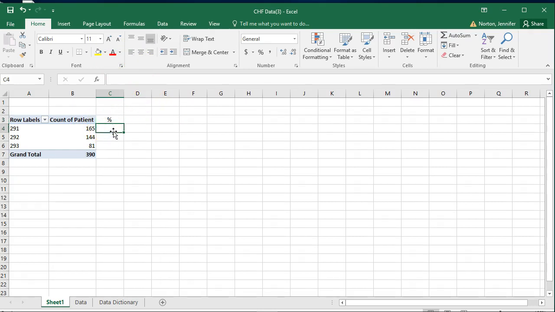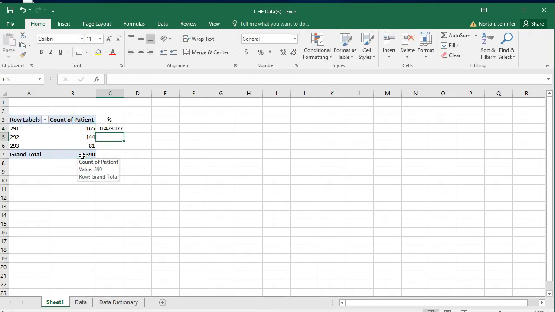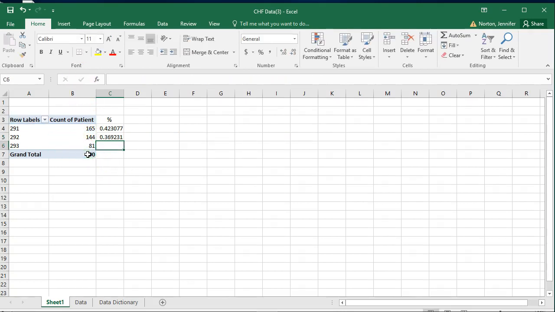And so here we're going to do a little formula, equal sign, our count of 291 patients divided by our total count of patients. And we are going to do an equal sign here, count of our 292 patients divided by our total number of patients.